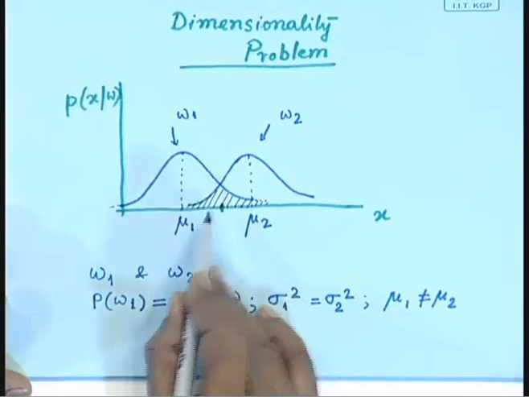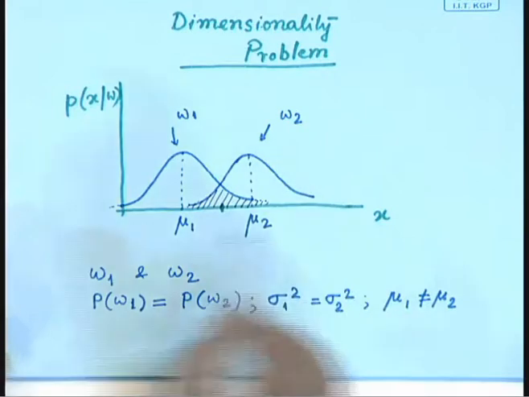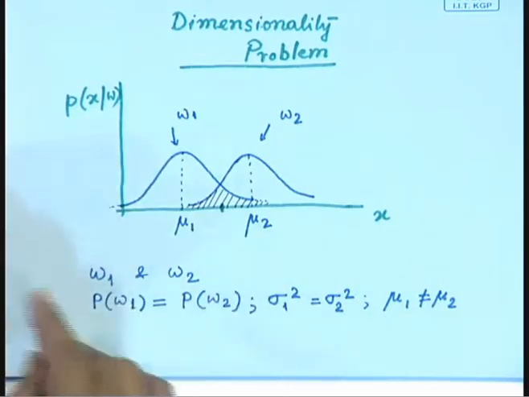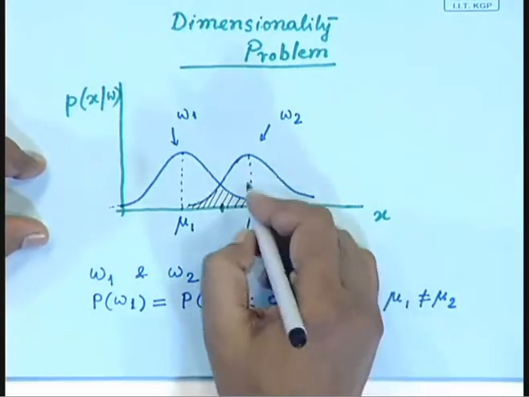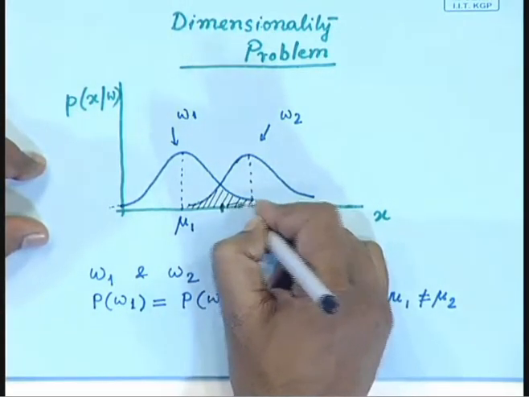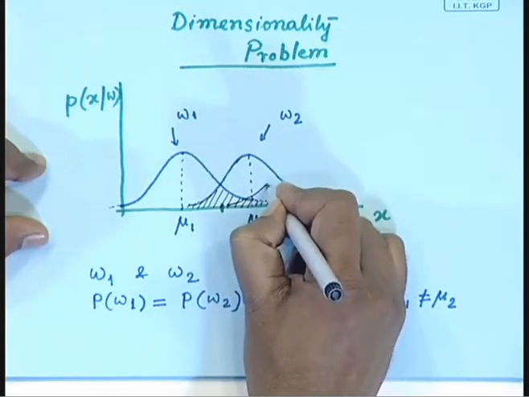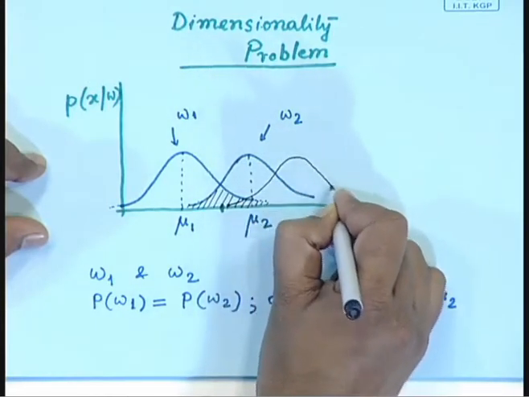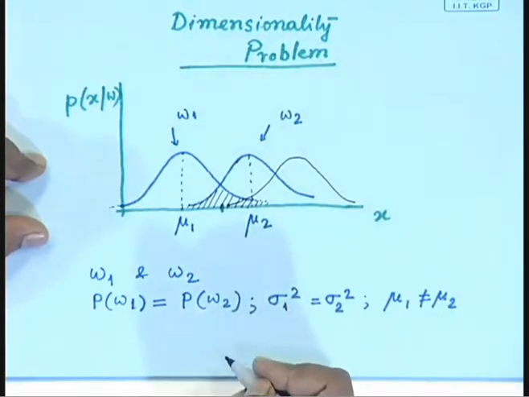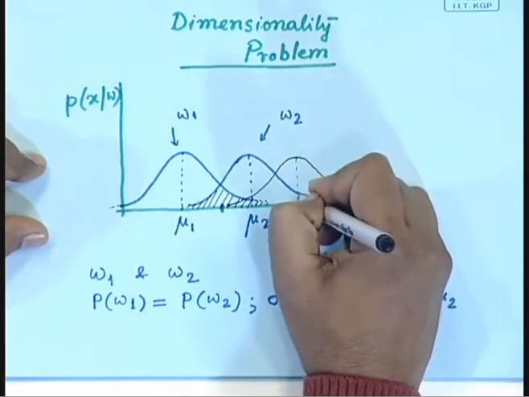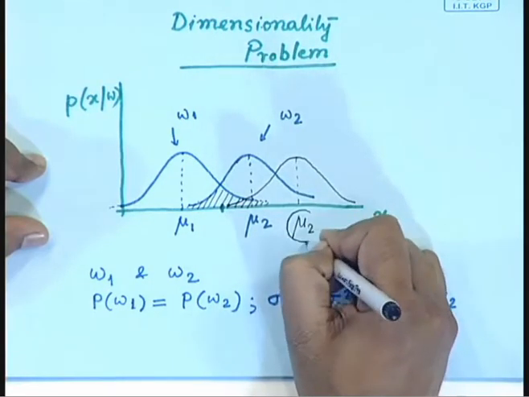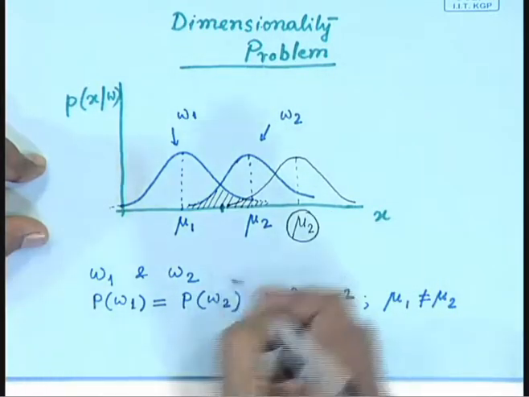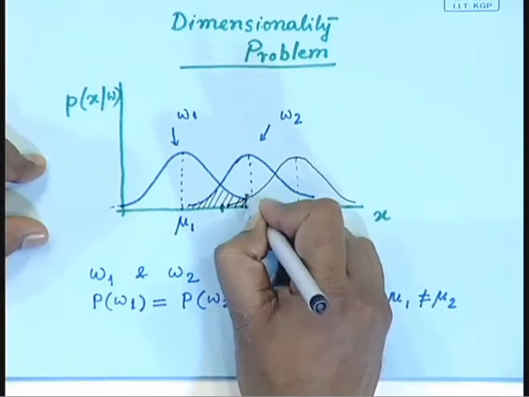Okay. Now, find that if I shift this mu 2, that is, instead of mu 2 being here, if the probability density function for class omega 2 is something like this, and suppose this becomes my mu 2, then this is my decision boundary.